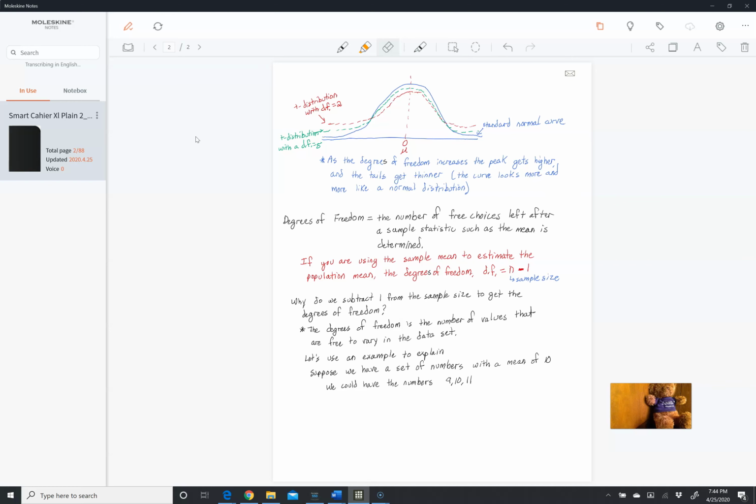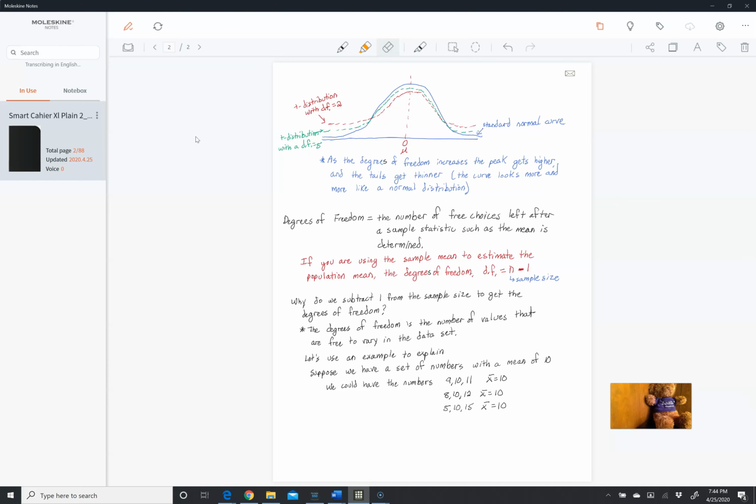This has a mean of 10. But there are other sets of numbers that also have a mean of 10. 8, 10, 12. That has a mean of 10. 5, 10, 15. That has a mean of 10.